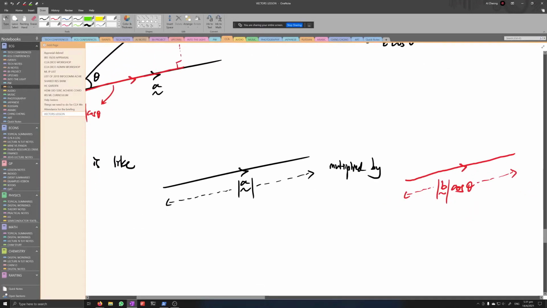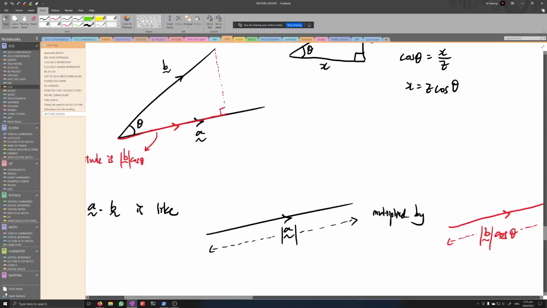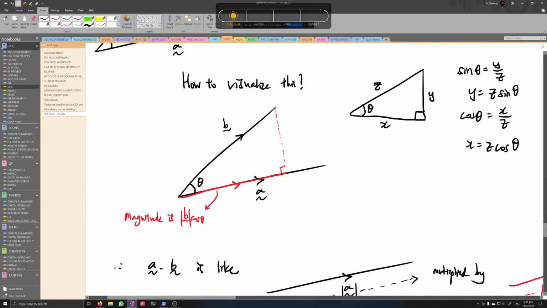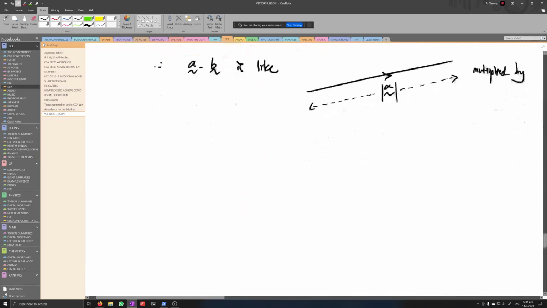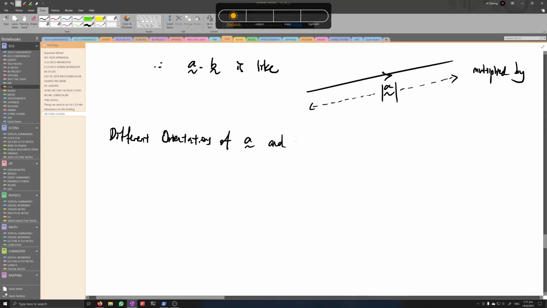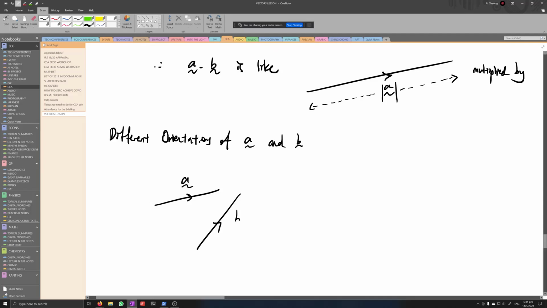Then the angle theta, the definition of angle theta depends on the orientation of the two vectors. So okay, different orientations of A and B. If we have A and B like so, then what we will get is like this.